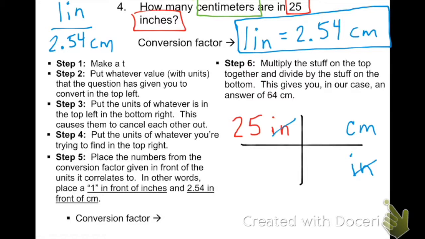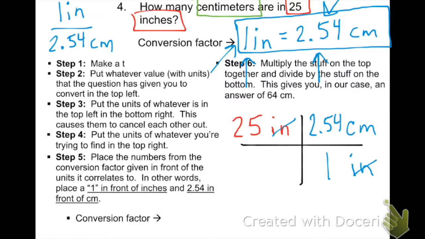Now, much like our metric conversions, we're going to place the numbers that are in front of our conversion factor in front of their appropriate units in our t-chart. So since we have a 1 in front of inches, we're going to place a 1 in front of inches down here. Since we have 2.54 in front of centimeters, we're going to place 2.54 in front of centimeters here.